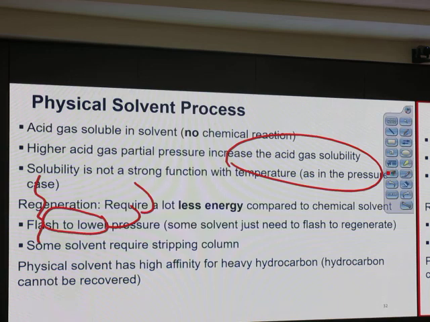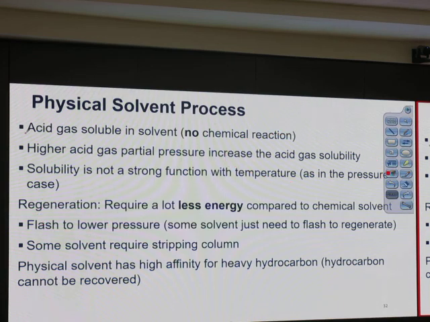With physical solvent, acid gas is soluble in the solvent, with no chemical reaction. Higher acid gas partial pressure increases the acid gas solubility. What is partial pressure of acid gas? What does it mean? Does that mean more ppm? Yes. More ppm means higher partial pressure.